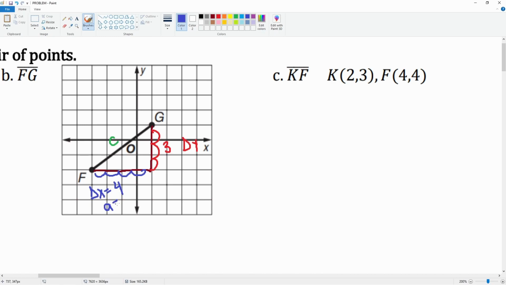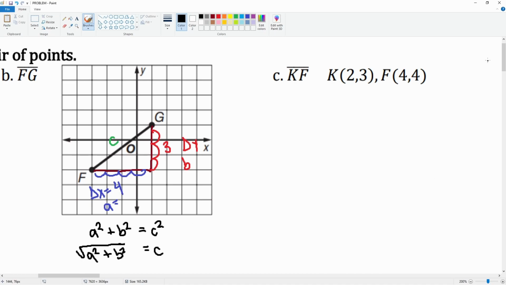This distance in the horizontal can be a, and this change in y, or your vertical, can be the b value. So you can set up the equation a squared plus b squared is equal to c squared. Solving for c, you're going to notice it is the square root of a squared plus b squared.